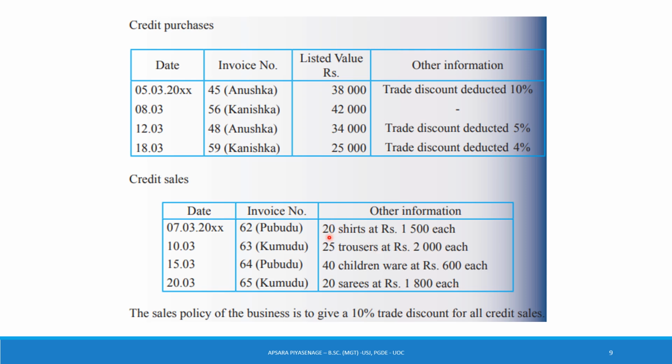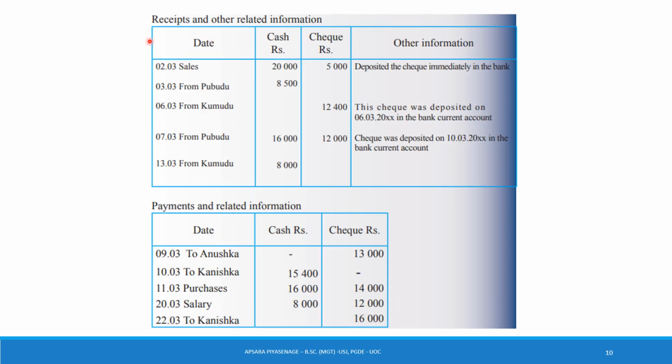For example, 20 into 1500, from that value we have to deduct 10% of trade discount. And here receipts and other related information, what they have received as cash and what they have received from checks. Then payments related information, cash payments and check payments.